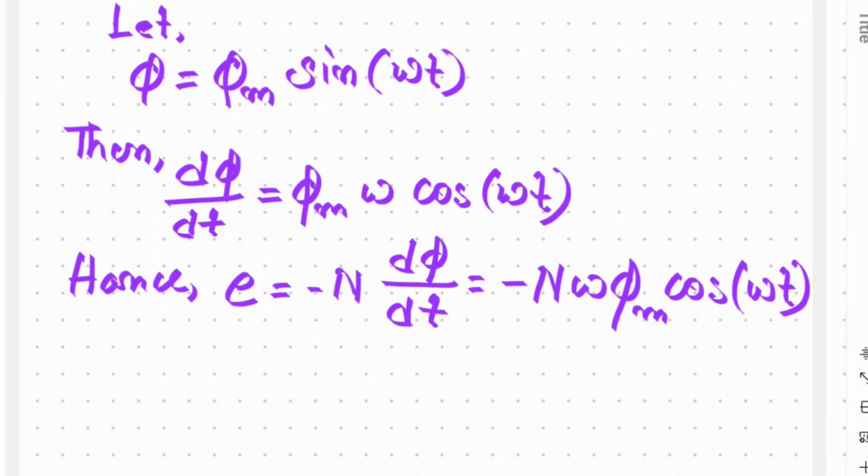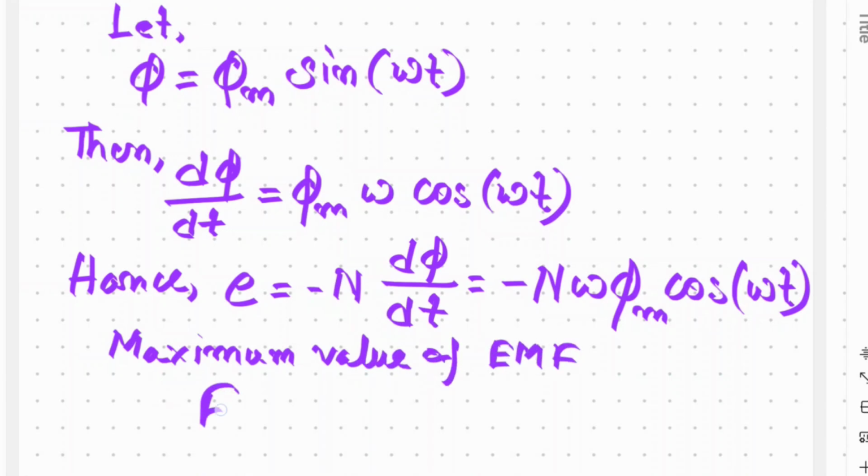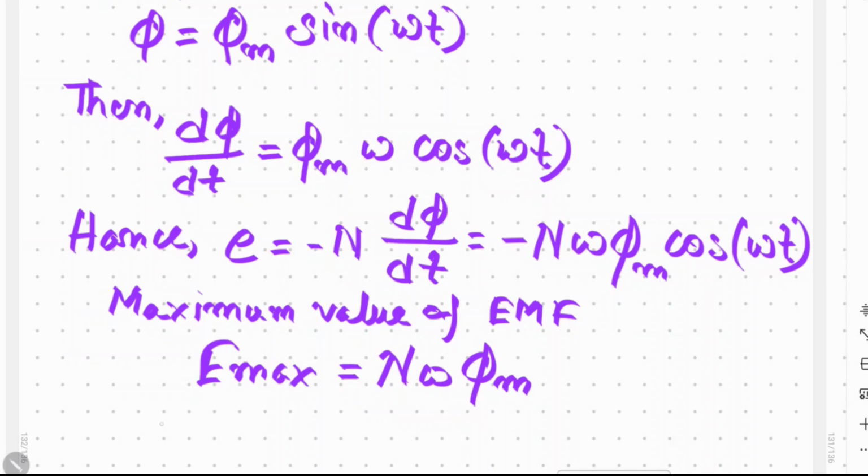So for the maximum value of EMF, E max is equal to N omega phi m, since omega is equal to 2 pi f. So we can write E max is equal to 2 pi f N phi m.